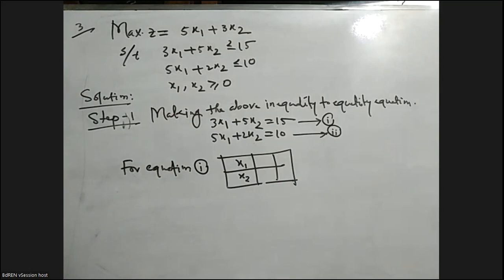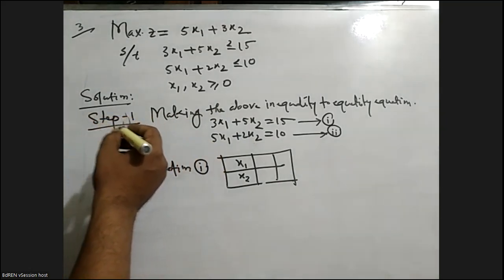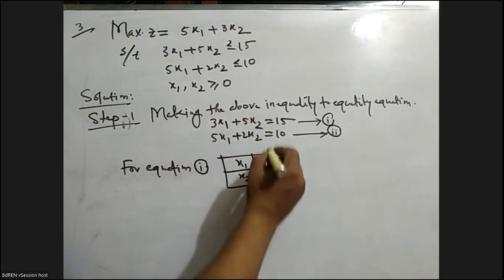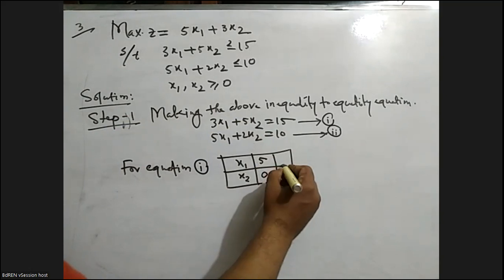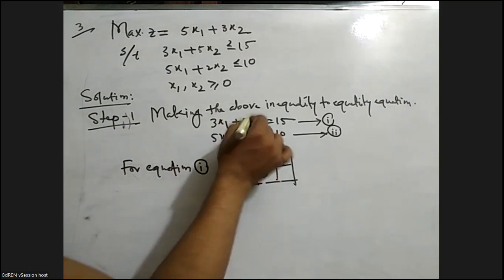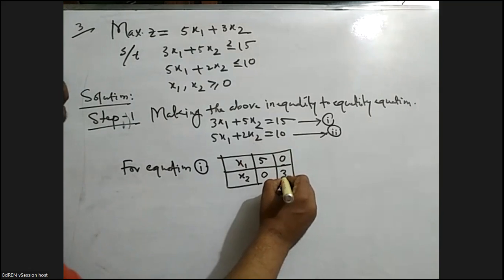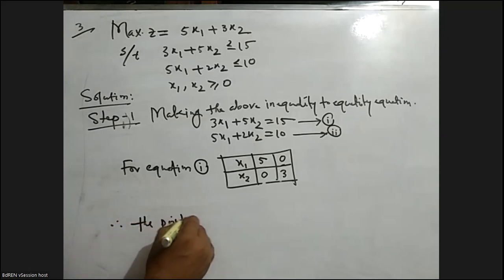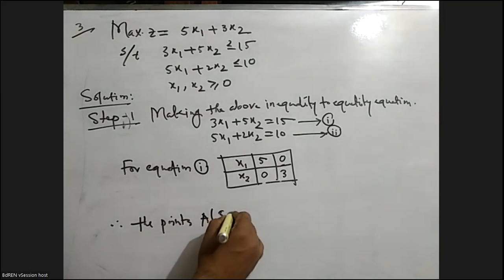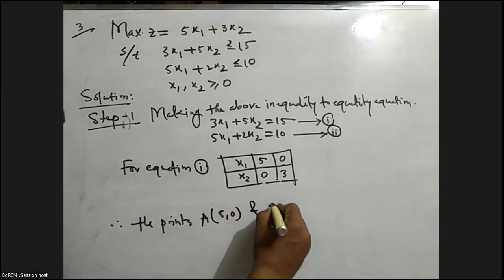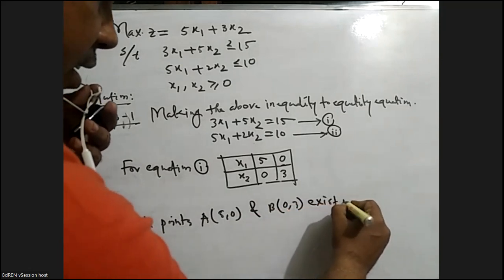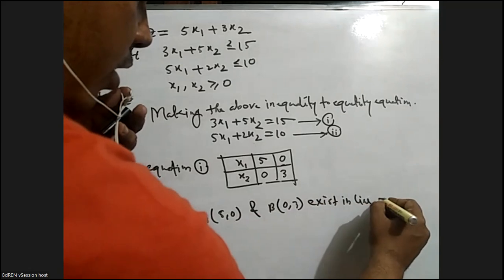If x2 equals 0, then x1 equals 5. But if x1 equals 0, then x2 equals 3. Therefore the points A (5, 0) and B (0, 3) exist on line 1, or equation 1.